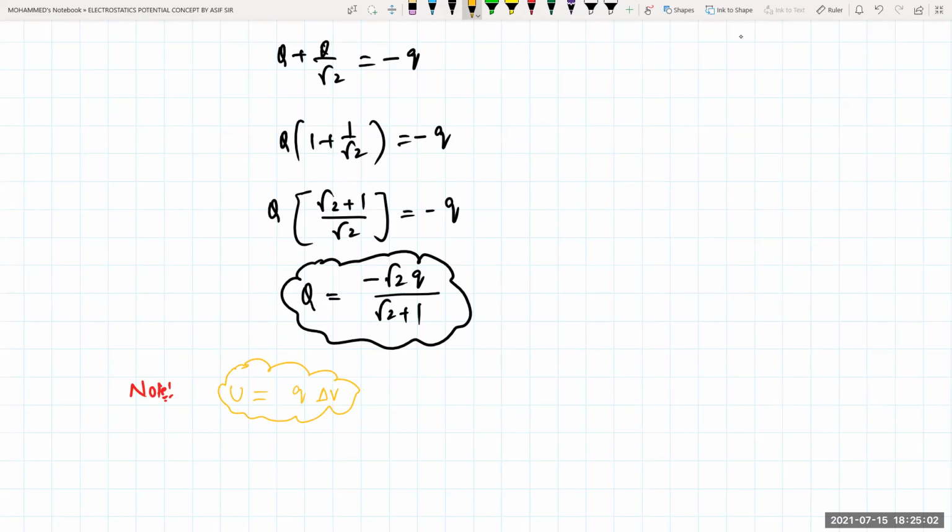Charge can also be taken as the charge of an electron. You know that 1 electron volt is equal to 1.6 into 10 to the power of minus 19 joules. I hope you remember this from chemistry level. That is the way you remember the relation related to that one.